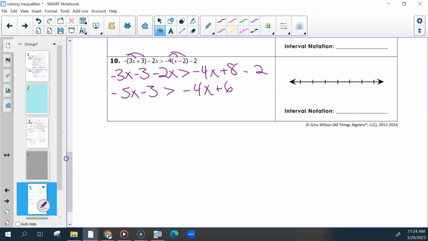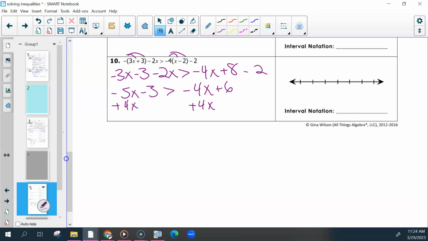What would we do next? Okay, by doing what? Adding 4x. And you have choices. You could do it the other way. It does not matter. So let's say we add 4x to both sides.